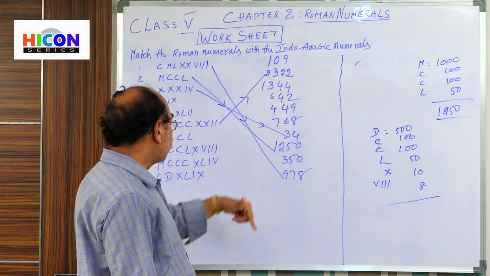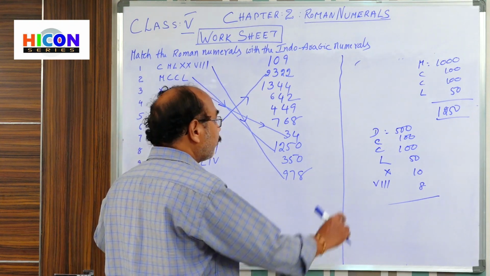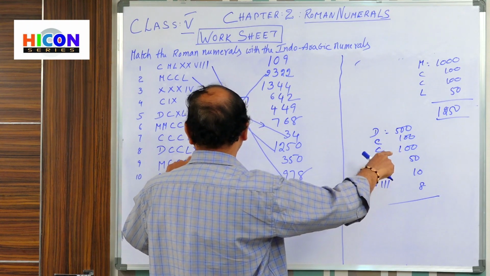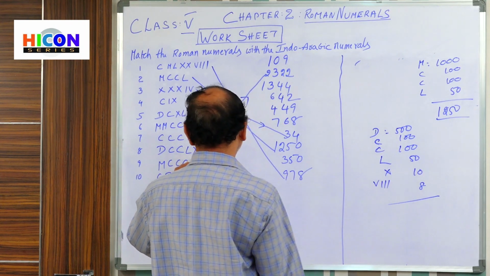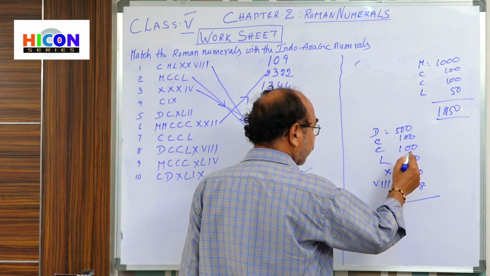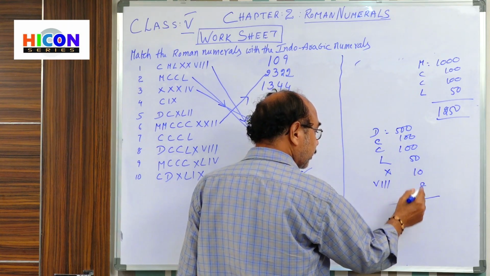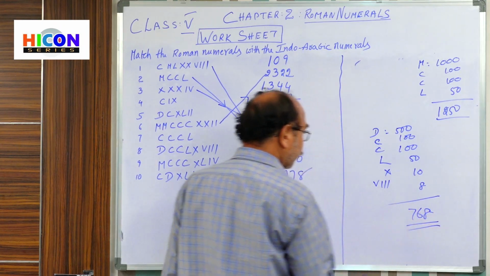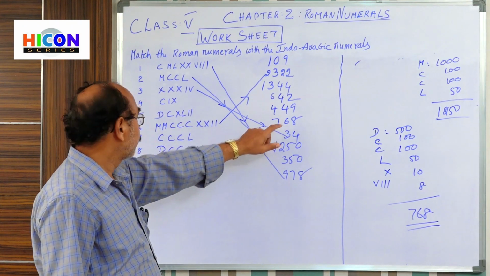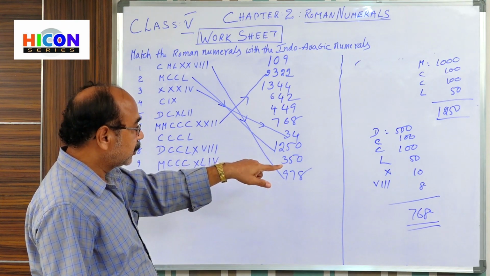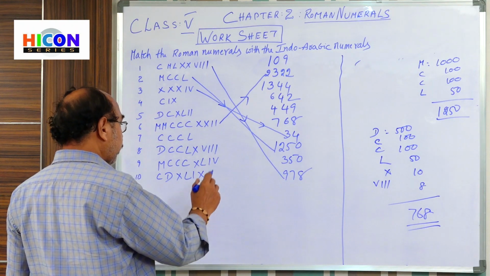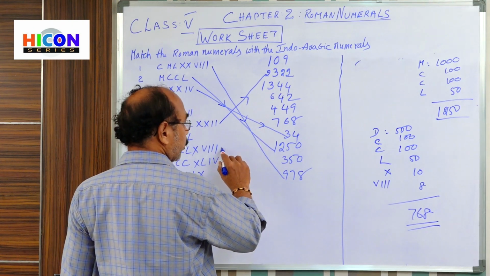And here addition is going on. So D 500, C 100, next C 100, L 50, X 10, and 8. Add all these: 500, 600, 700, 750, 760, 768. So that number, 768, we should connect to DCCLXVIII.